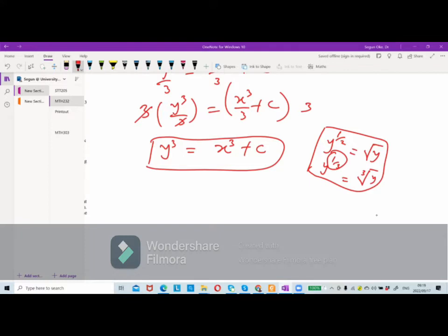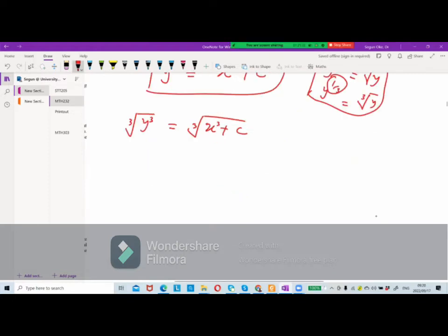If I say cube root of y raised to power 3 equals cube root of s raised to power 3 plus c. So in this context, I know that y raised to power 3 is multiplied by 1 over 3.